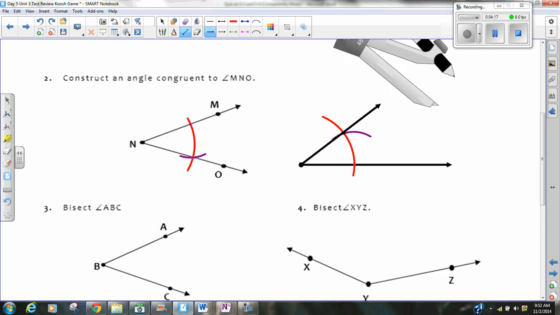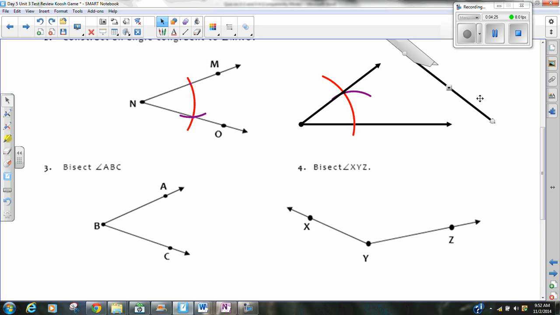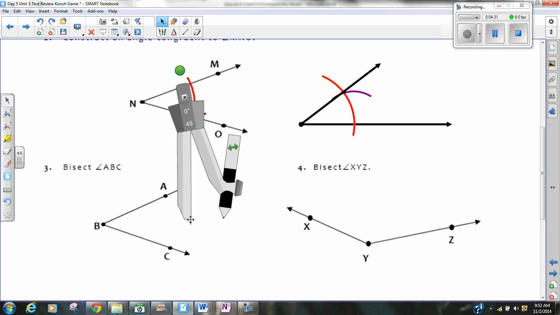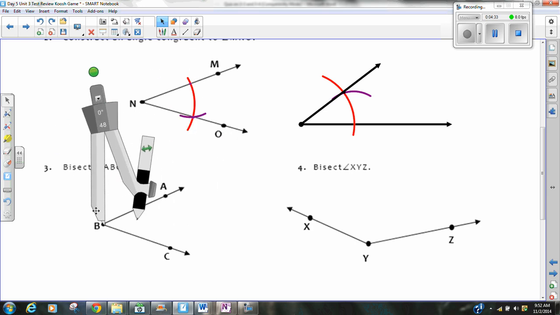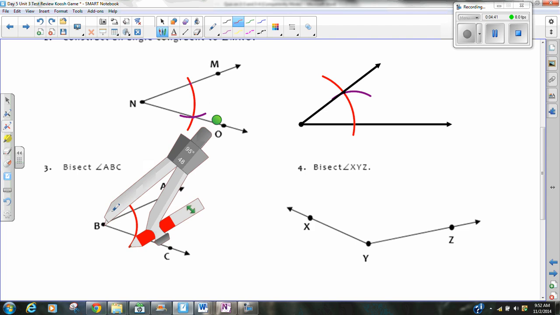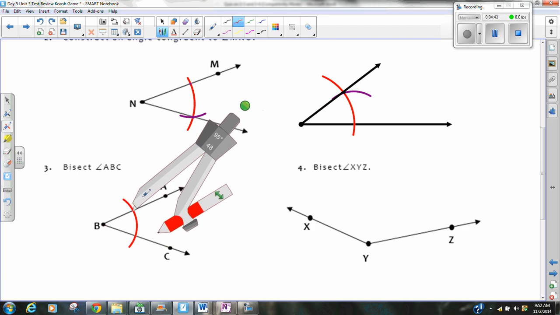The third construction is a bisector of an angle. So you're going to take your compass over here and you're going to measure the angle first, creating 2 points of intersection with the rays.